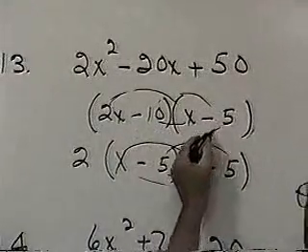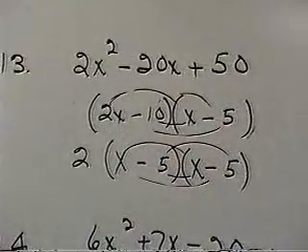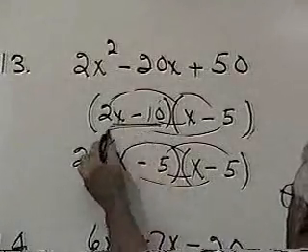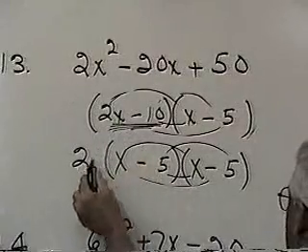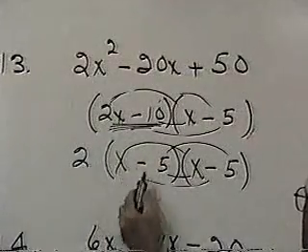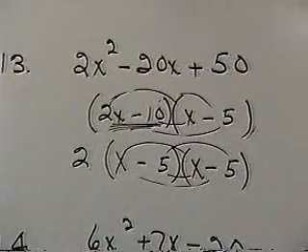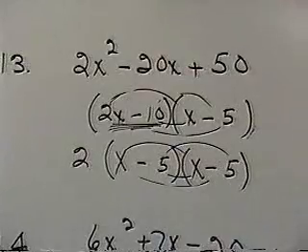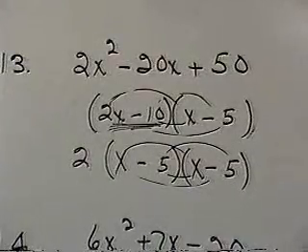Minus 10, minus 10 more is a minus 20, checks out. But you're not completely factored here, because now what's a common factor in this parenthesis? In this parenthesis you can factor out a 2. So it leaves us x minus 5. So we get the same answer. It's just that there are some problems later on in this tape where you really need to factor out the common factor first to be able to continue.